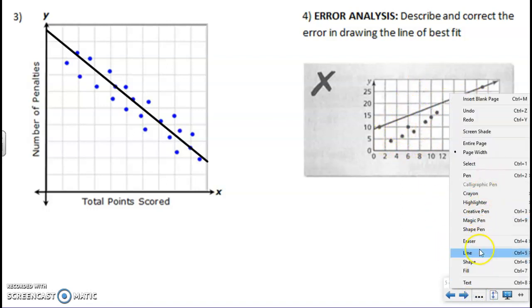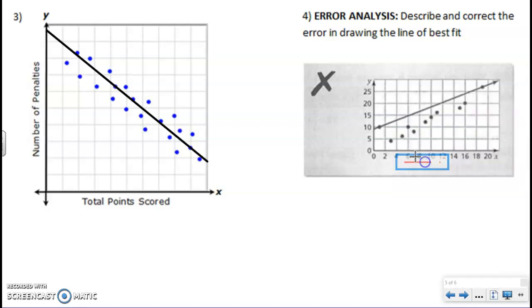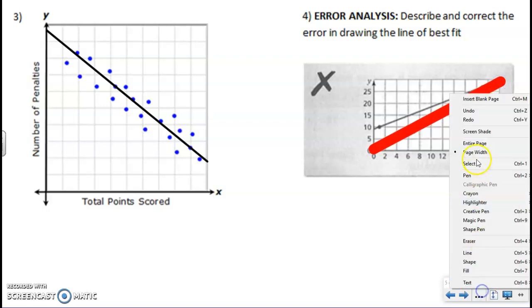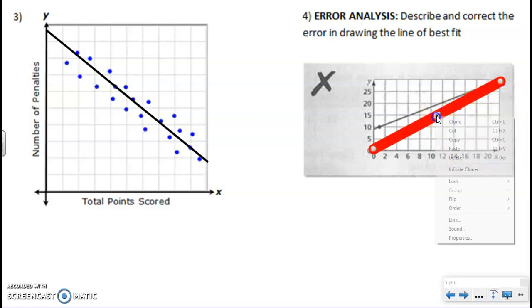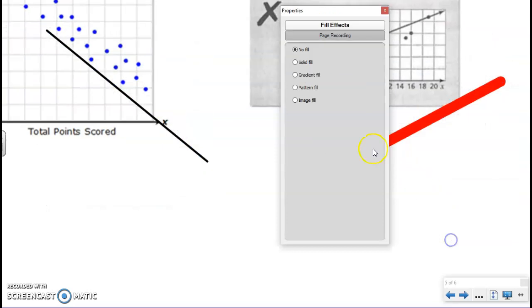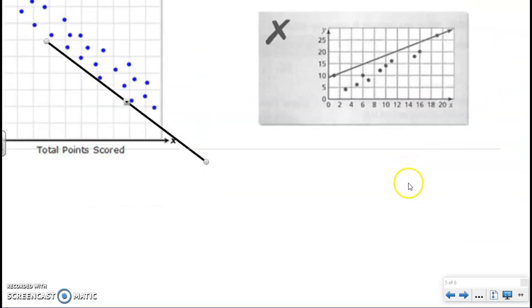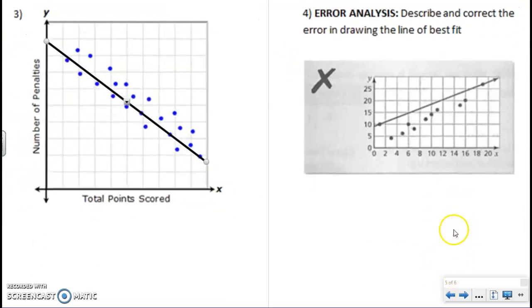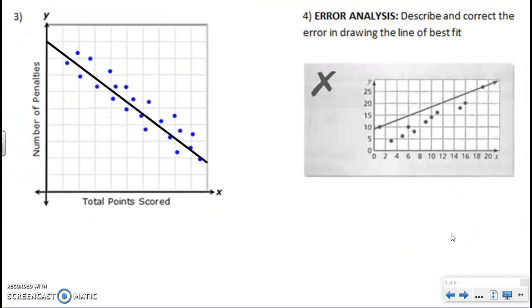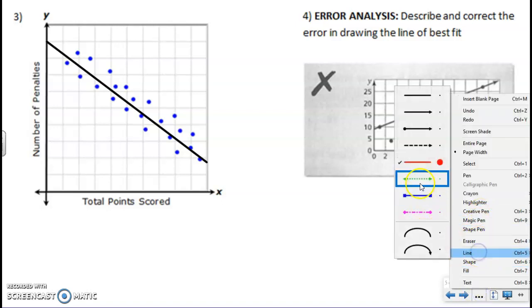If I were to fix this, I'm going to use a red line. Let's make that smaller. Okay. Let's go ahead and try that again. Let's try a different line.